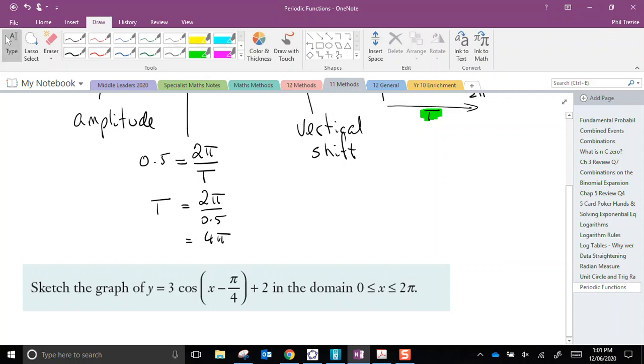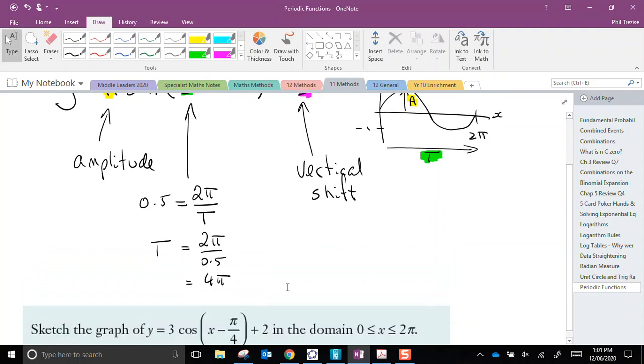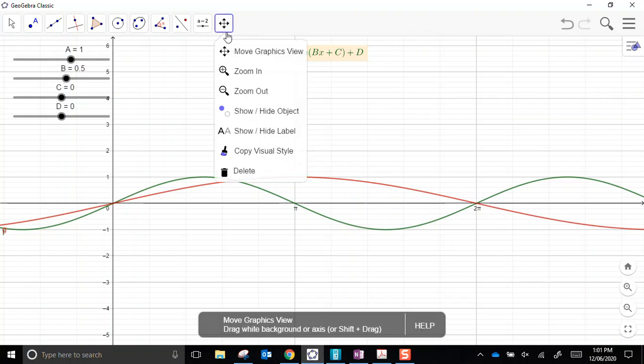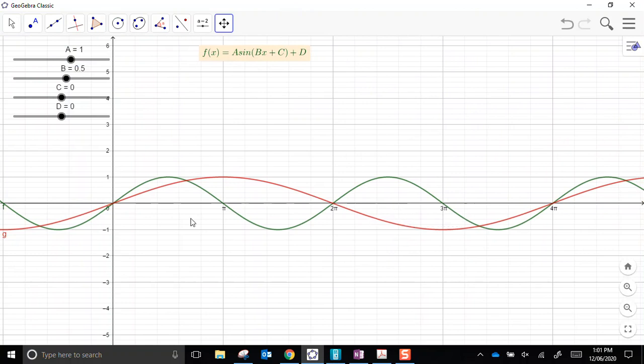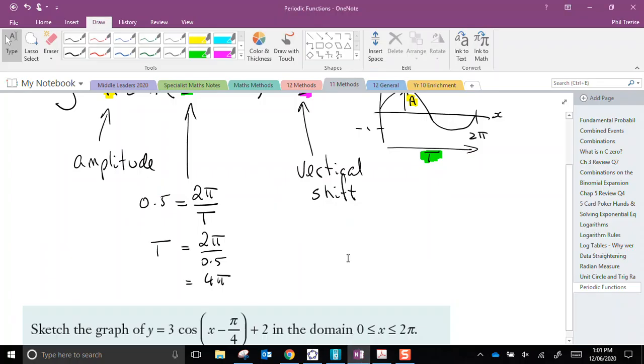The period, which is how long it takes for a whole crest and a whole trough, looks to be 4 pi. Let's go back to my diagram and I'll scrunch the diagram in a bit to see where the end of that cycle was. This red one here, a full cycle occurs after an elapsed time of 4 pi. So that's how that all works together.